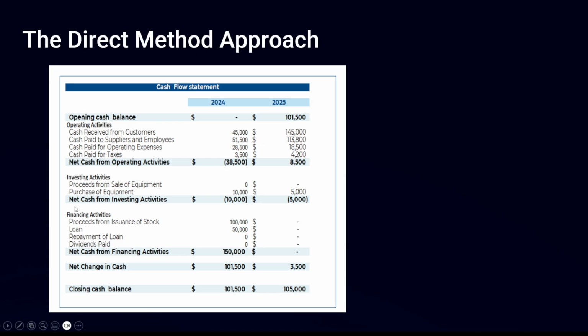For the cash flow from investing activities, we have proceeds from sales of equipment minus the purchase of equipment, and we get the net cash from investing activities. Lastly, we have financing activities. This includes stock movements, loans, repayment of loans, and dividend payments, and we get the net cash flow from financing activities.